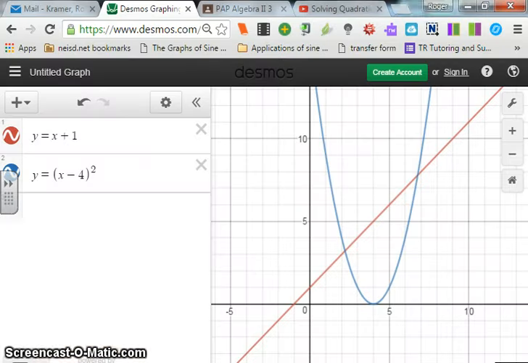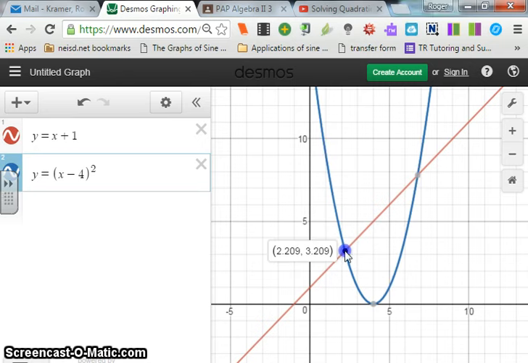Now let's take a look at another example using Desmos. Looking at this example, we have a linear function here and a quadratic here, and notice that they intersect in 2 points. Now, we would just approximate here.